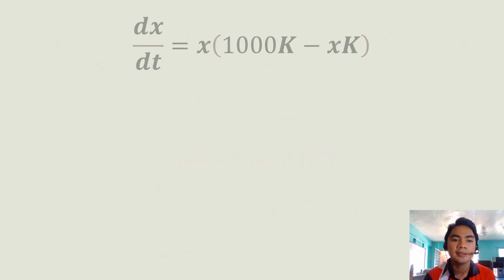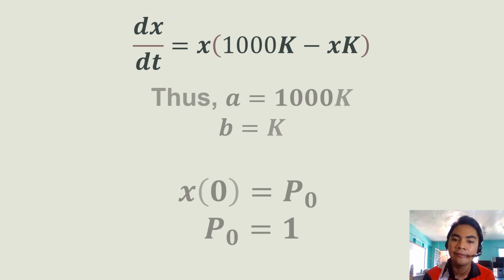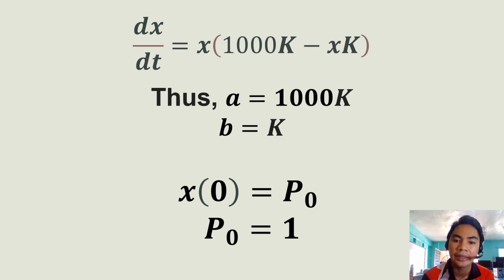So to distribute the k, we have dx over dt is equal to x quantity of 1000 k minus x times k. Now, to relate to our logistic equation, we are having the value of our A equal to 1000 K and our B is capital K. Also, x of 0 is equal to P sub 0, or the initial population, and the initial population is 1 because there is only one contracted student at the very beginning. All right.